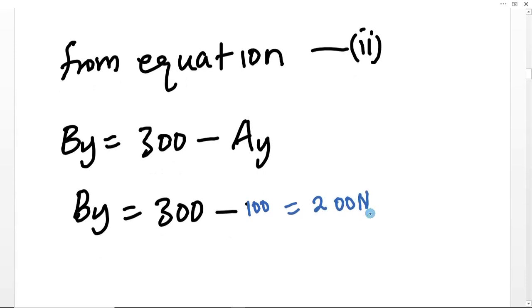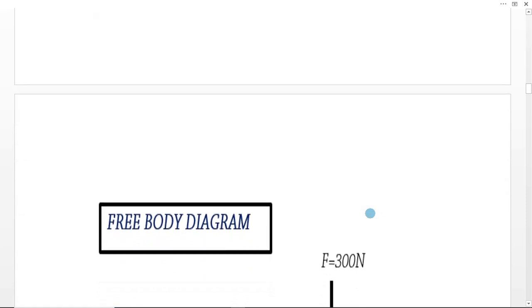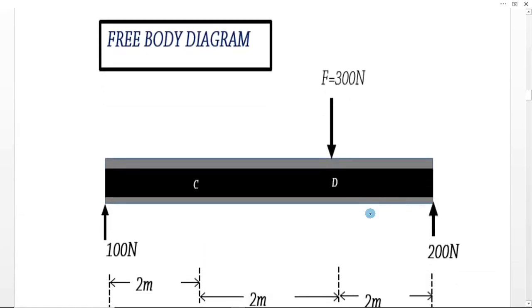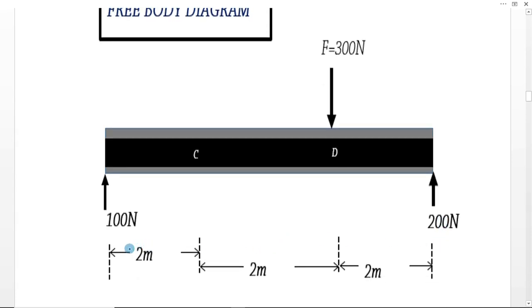So By is equal to 200 newtons, and we can go ahead and put these values in the free body diagram. We see Ay is 100 newtons and By is 200 newtons.